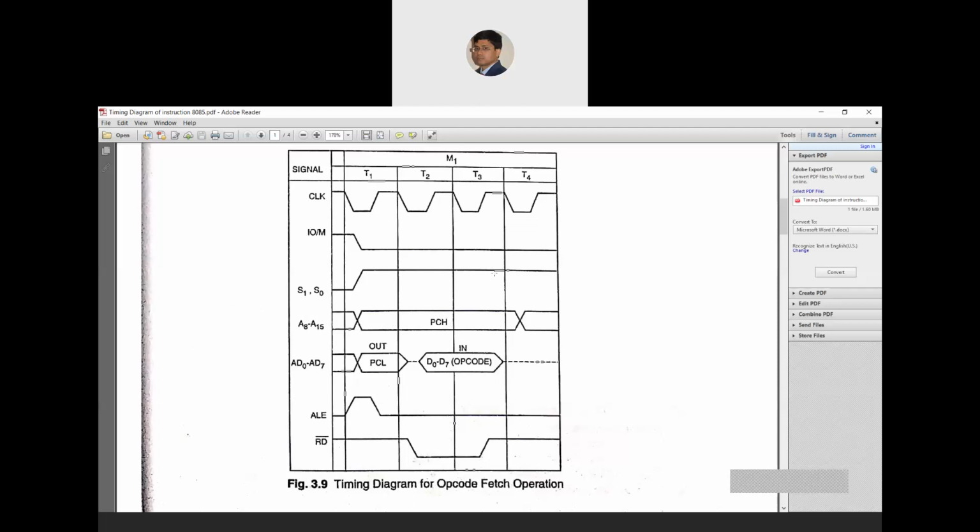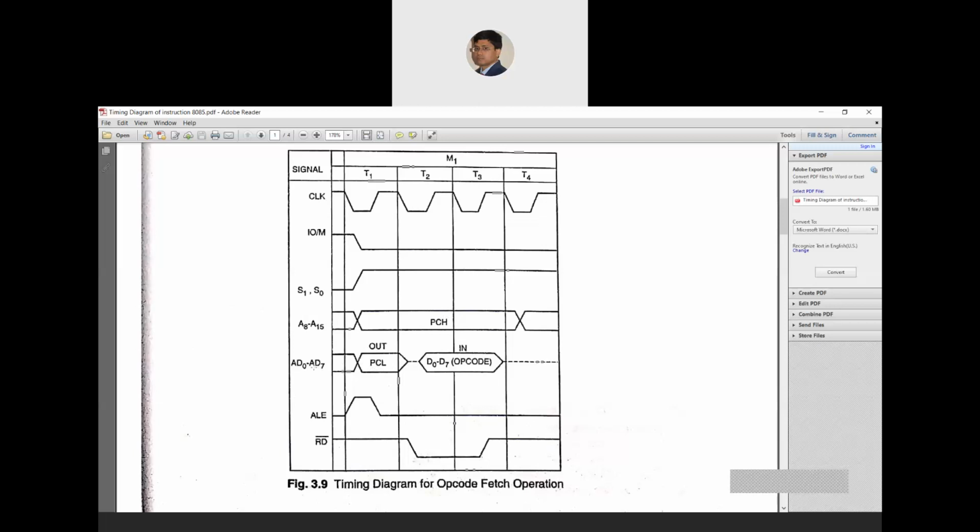Suppose you are writing your first hex code at the 2000 location, and the instruction is mov a comma b. The corresponding hex code you write in the first location 2000. So from 2000, 20 will come to PCH, then 00 will come to the PCL.